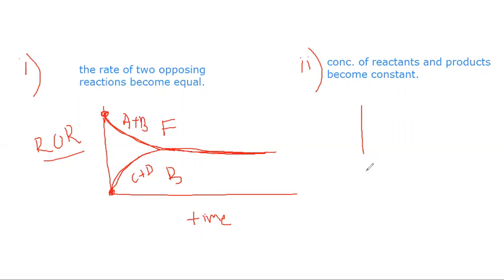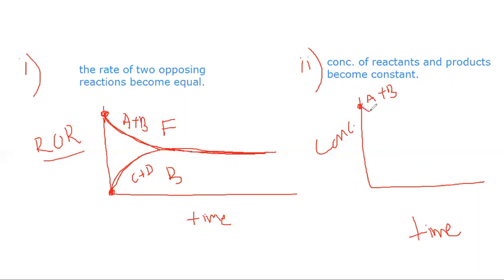Let's see with the help of a graph. This time you have to make a graph, time on the x-axis and concentration on the ordinate, the y-axis. For example, A plus B, your reactants are reacting together.